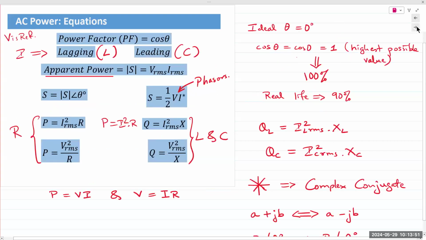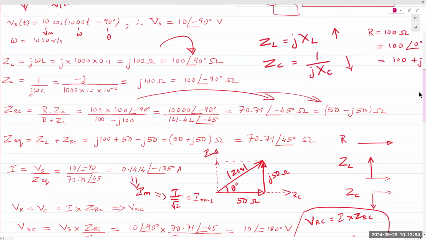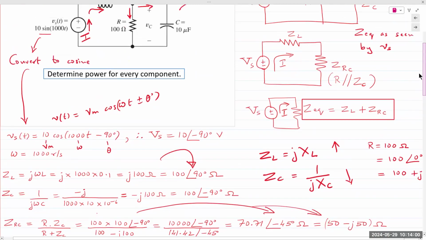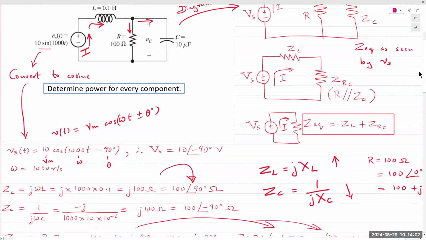Okay, so let's see. We have I. I is the total current that is flowing through the source, the inductor ZL, and ZRC, the parallel combination of the resistor and the capacitor, right? So we can find the voltage across the inductor, and we can find the voltage across the resistor capacitor combination by applying Ohm's law.